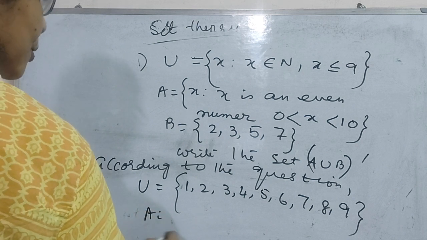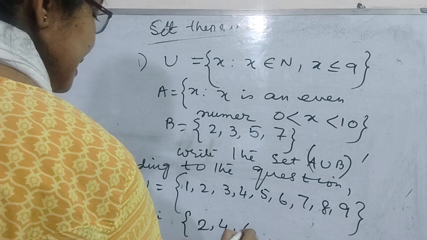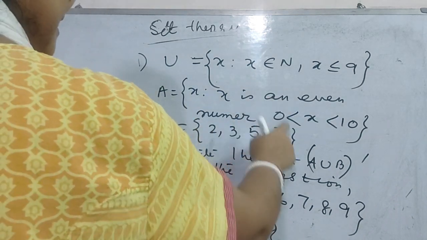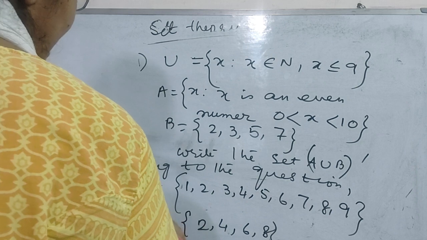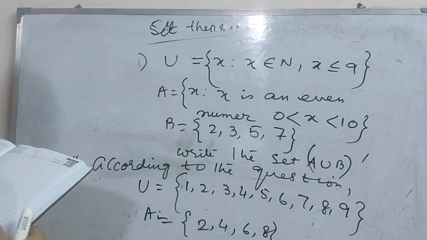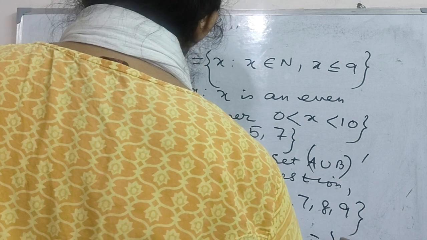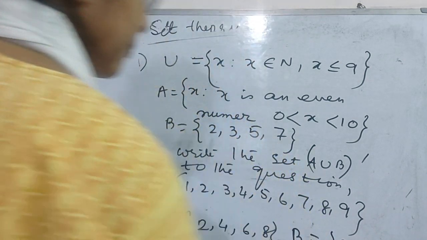A equals the even numbers 2, 4, 6, 8, because x is an even number, x greater than 0 and less than 10. So the elements of A are 2, 4, 6, 8 and the elements of B equal 2, 3, 5, 7.